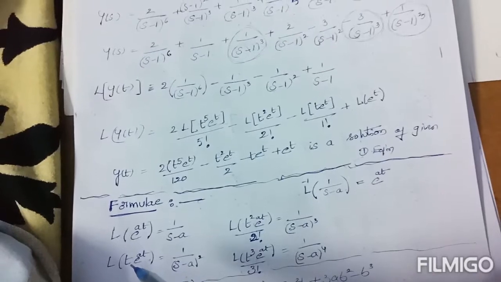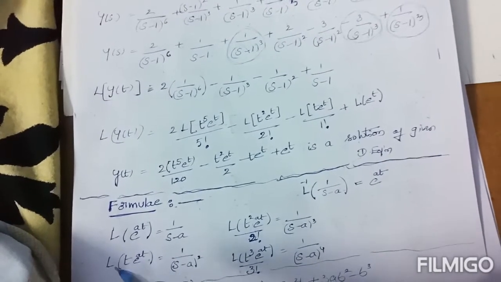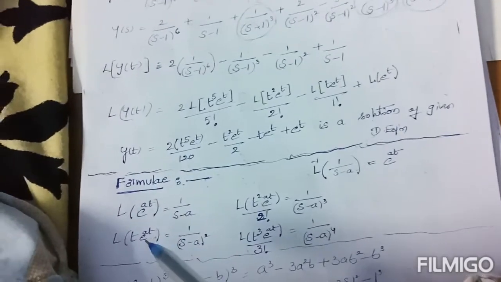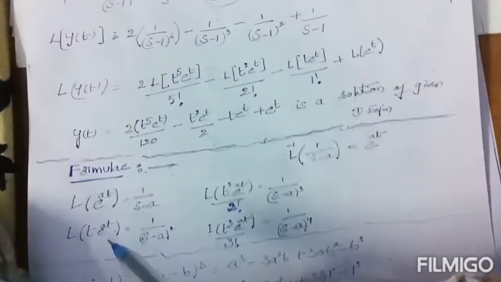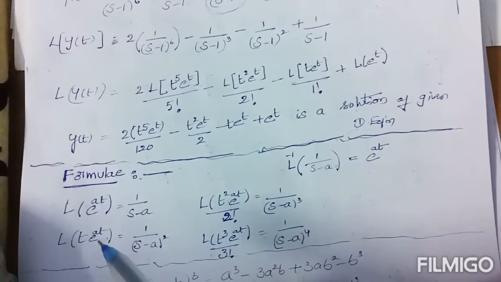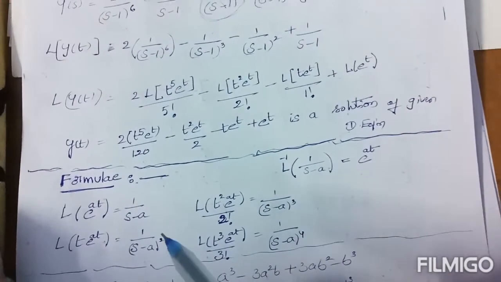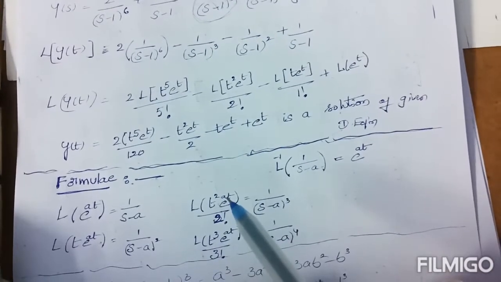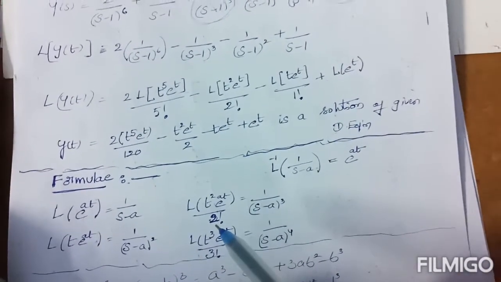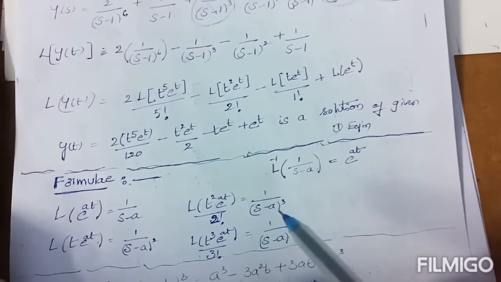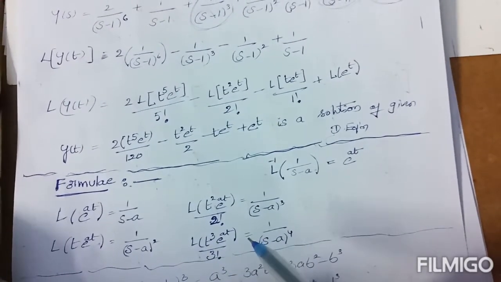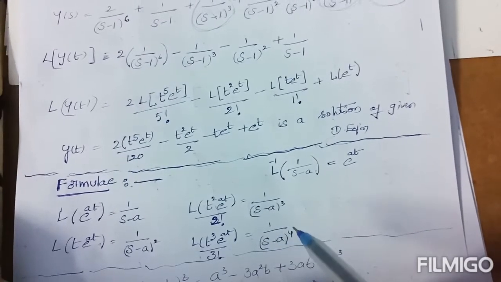If there is a multiple t e power at, then L operated on a product of two functions u into v, out of two one is exponential. In this case it equals 1 by (s minus a) whole square. Suppose L of t square e power at by 2 factorial equals 1 by (s minus a) whole cube. L of t cube e power at by 3 factorial is 1 by (s minus a) whole power 4.